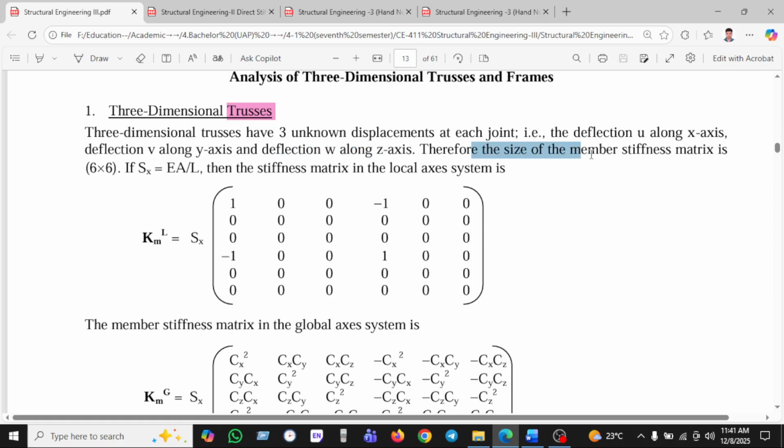Therefore the size of the member stiffness matrix is 6 by 6, which is 36. We know the stiffness is EA divided by L, and the stiffness matrix in global system will be like this.